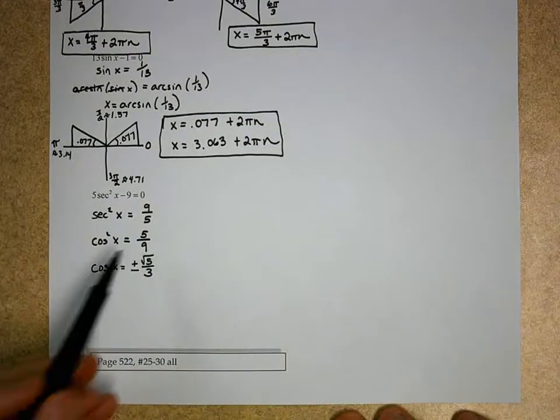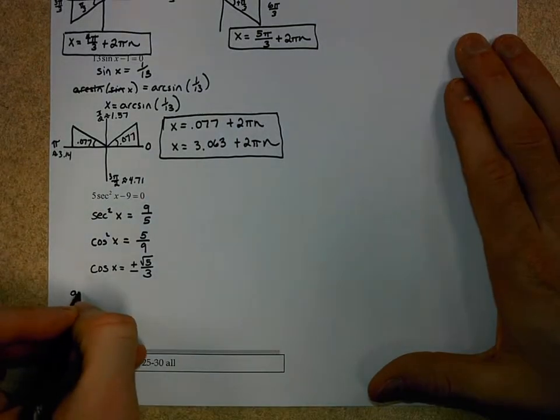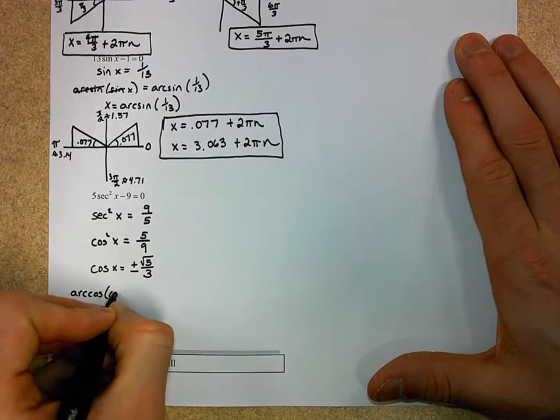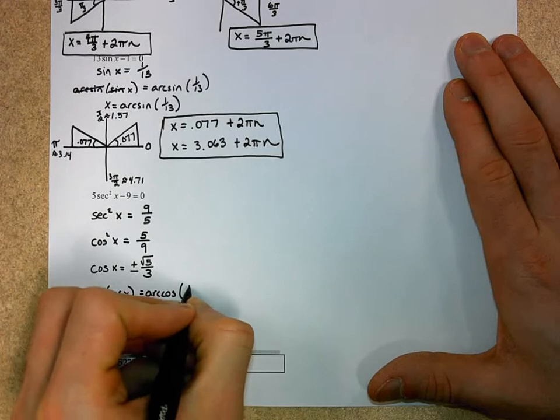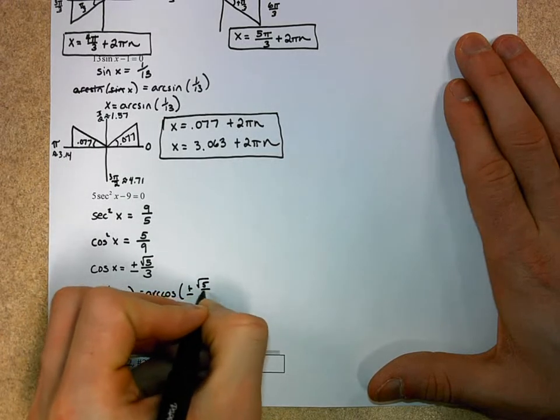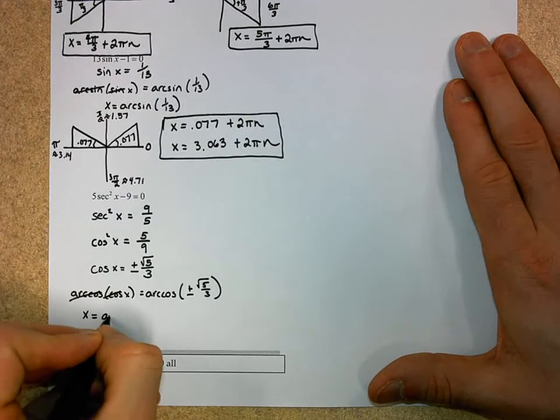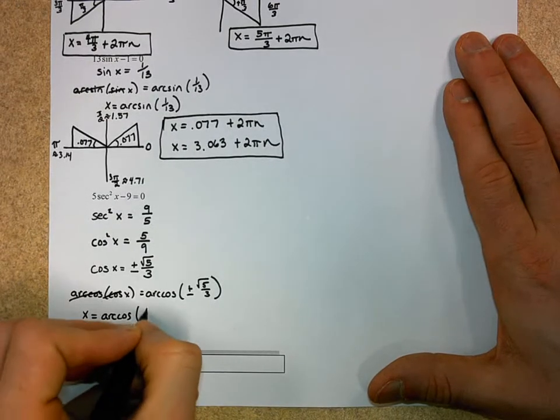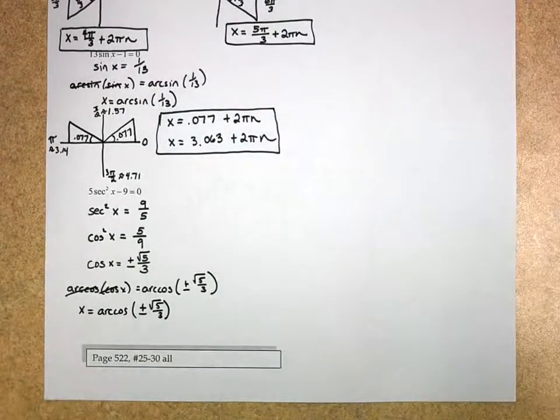That's really the square root of 5 over the square root of 9, and we know the square root of 9 is 3. Then we'll take the arc cosine to both sides. So x is going to be the arc cosine of plus or minus square root of 5 over 3.